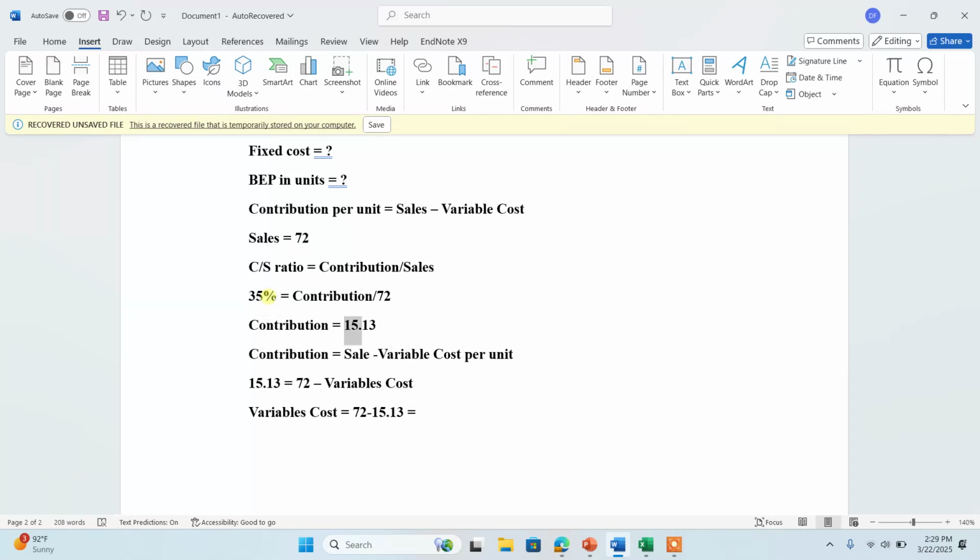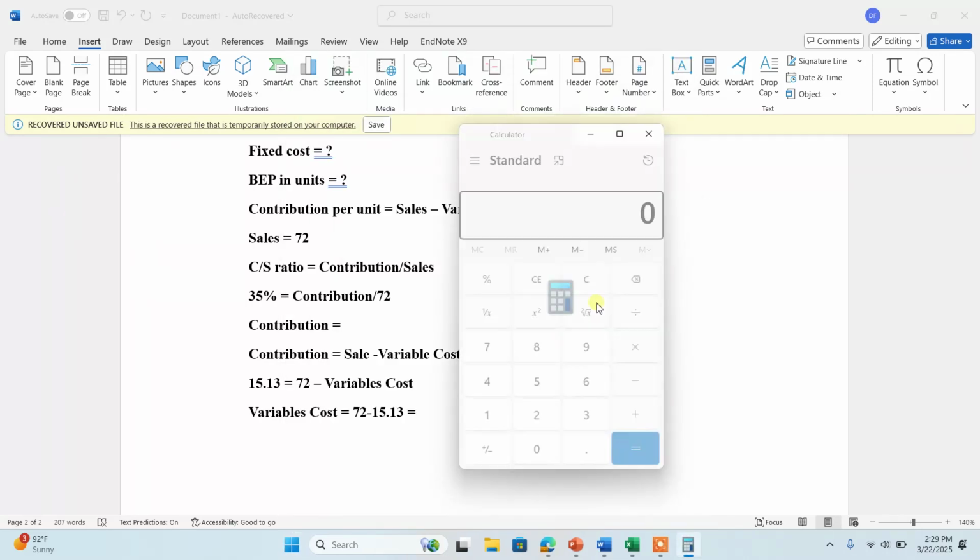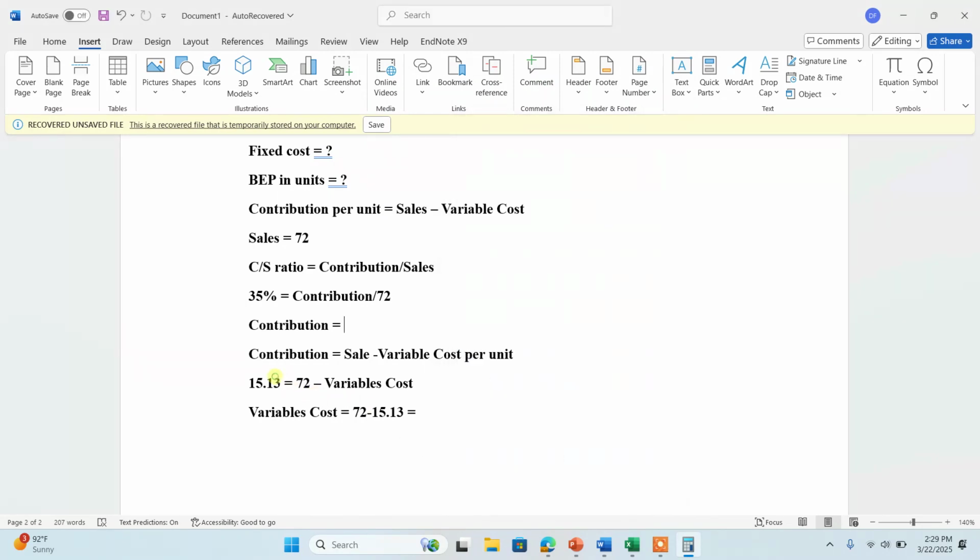So it means that 72 multiplied by 35%, it is 25.2.